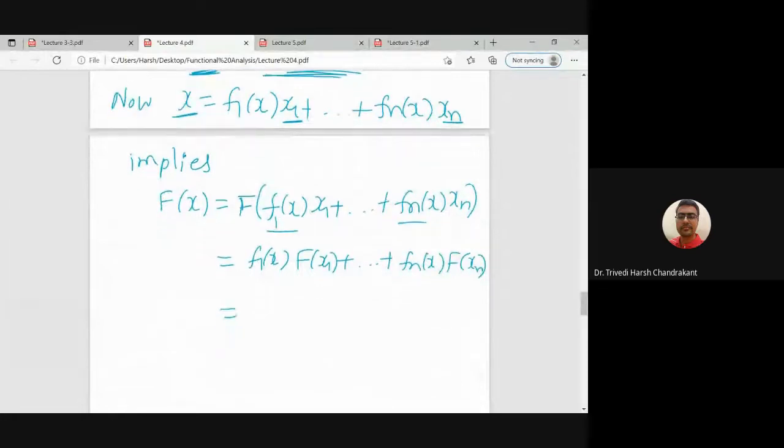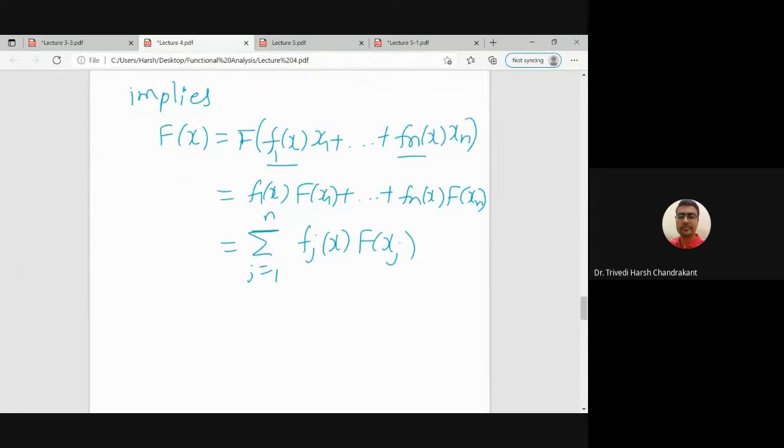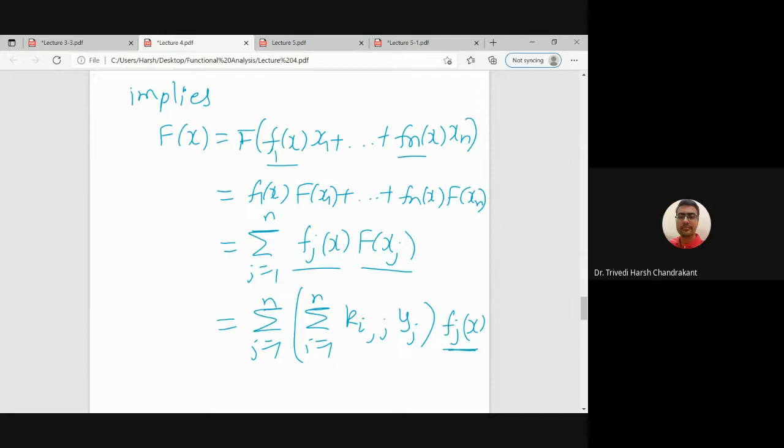In summation notation, this is the sum over j from 1 to n of fj(x) f(xj), which is the sum over j from 1 to n of the sum over i from 1 to m of kij yi times fj(x). I am writing fj(x) on the other side because it is a number.